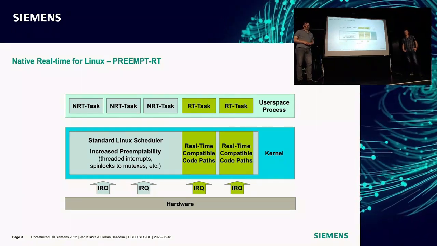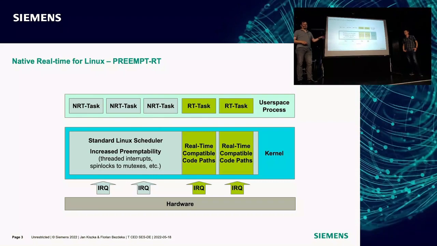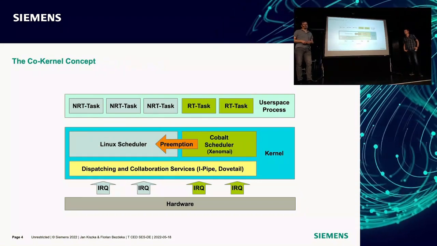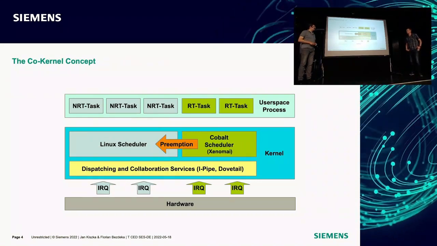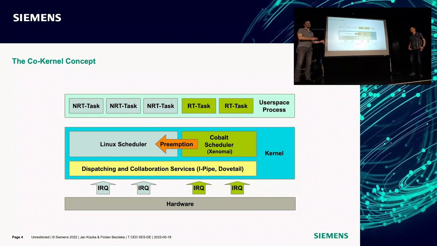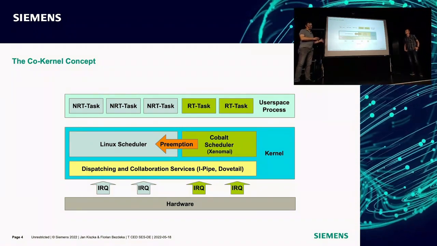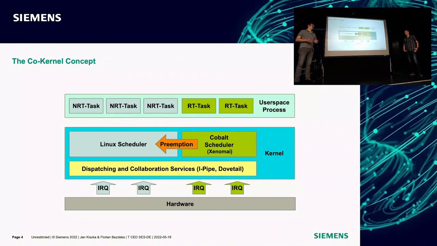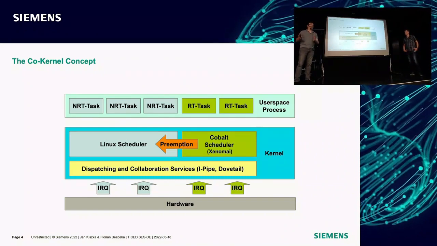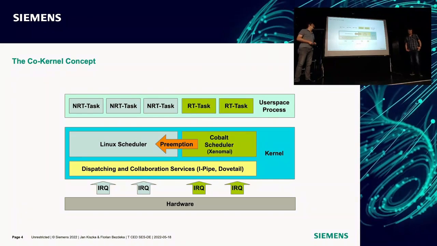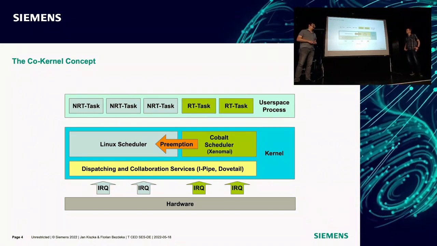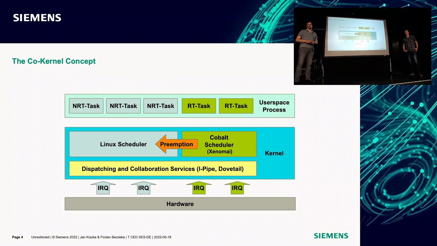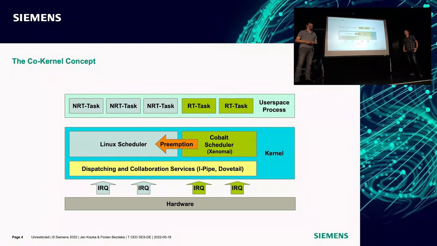It's not the only one, and historically, actually, this comes after the one that was used heavily before, and that's the approach to say, okay, keep Linux as it is, more or less, at least from the scaling point of view, and add a specific dedicated part of the kernel for real-time, a second scheduler, therefore the term co-scheduler, which is then responsible for managing the real-time parts of your application.